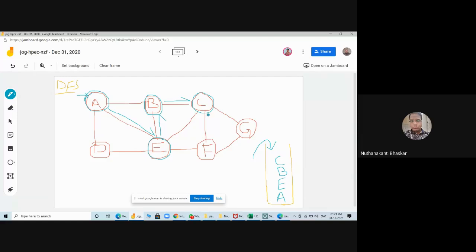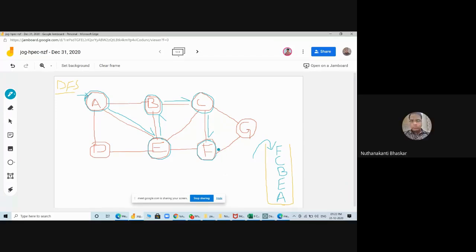You want to visit F. Okay. Yes, I am moving to F. Once you visit F, then you need to push it into the stack. Very good. Now check from F. What are the adjacent nodes? E, G, C. Out of this, which is the unvisited adjacent node?